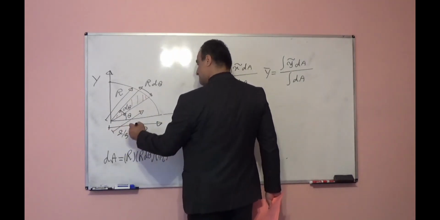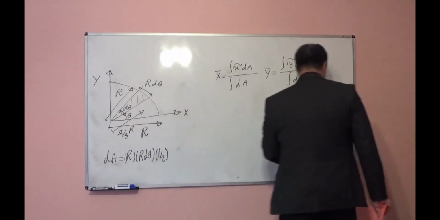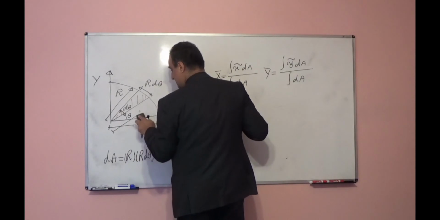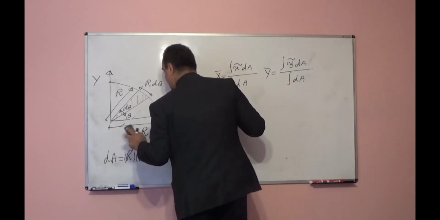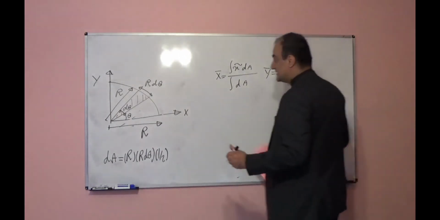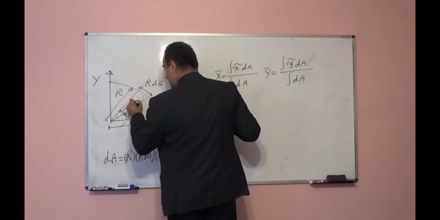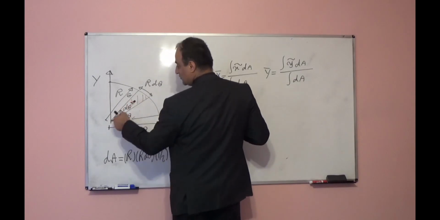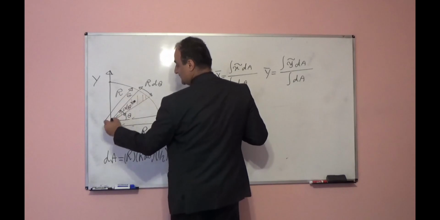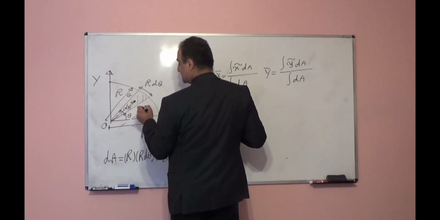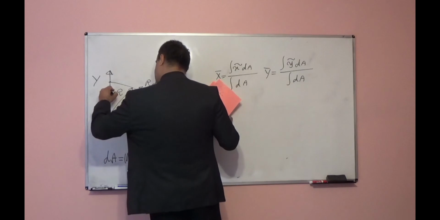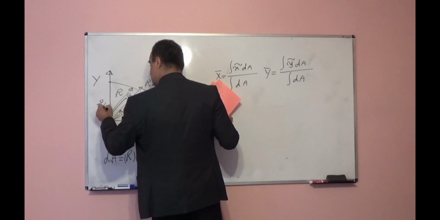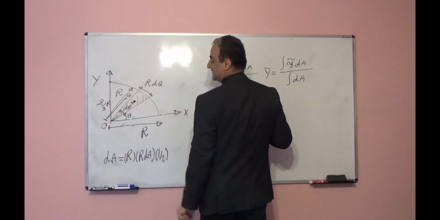So the centroid for that element, G, will be 2 over 3 r from origin O up to here, in the inclined direction.